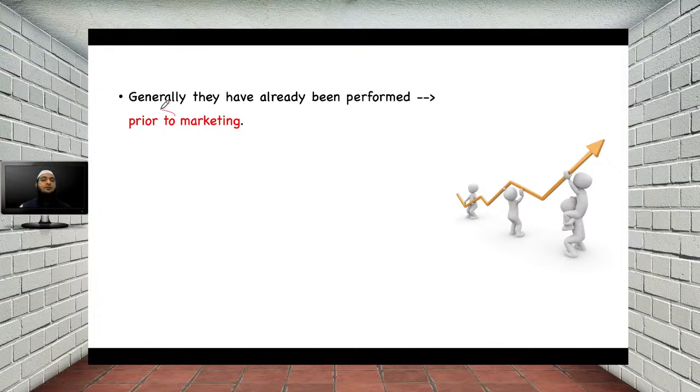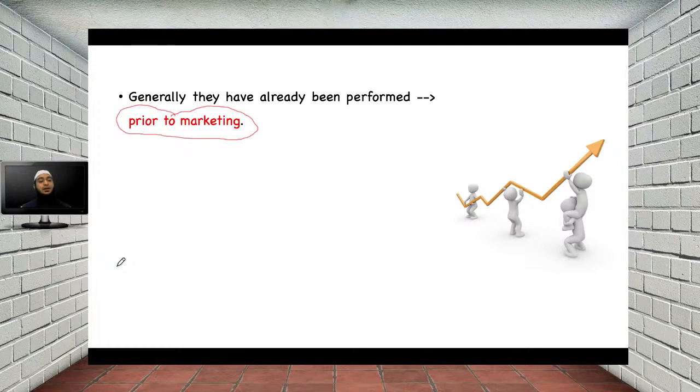If you see the phase 1, phase 2 or phase 3 studies, one of the study designs in clinical trials is the randomized clinical trial. These are the studies you do before launching the drug into the market.